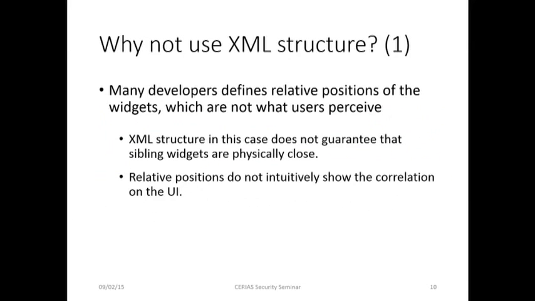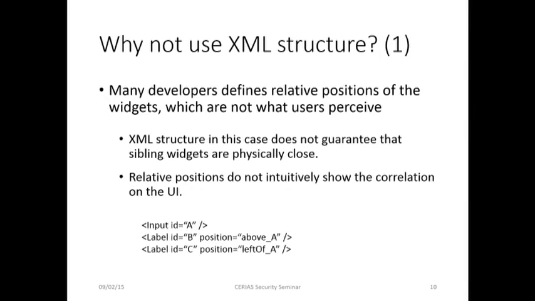Here you may want to ask why we do not use the XML file or XML structure directly to associate the text labels to the input fields. Here are some reasons. Many developers define the relative positions of the widgets, which are not what users perceive. In this case, XML structure does not guarantee that sibling widgets are physically close, and the relative positions do not intuitively show the correlation on the UI.